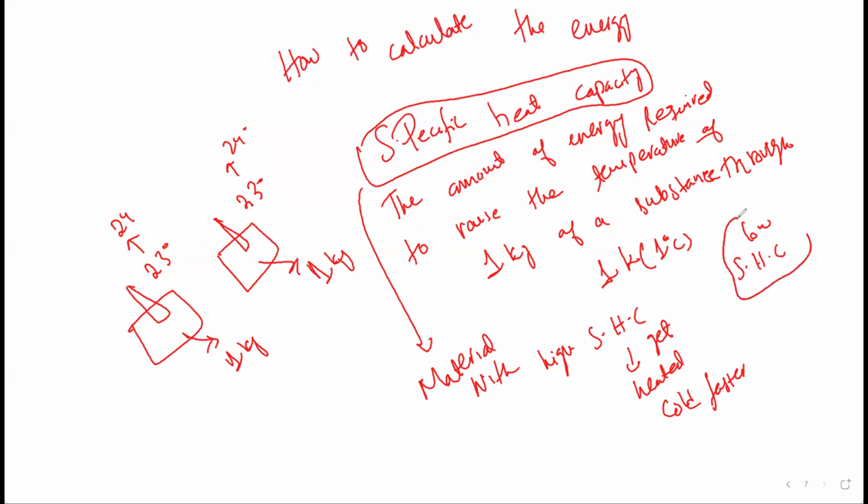The ones with low specific heat capacity heat up and cool down quickly, and the ones with high specific heat capacity would take time to heat up and also take time to cool down. I think I wrote the opposite earlier. They will take time for heating and getting cold with substances having high specific heat capacity.